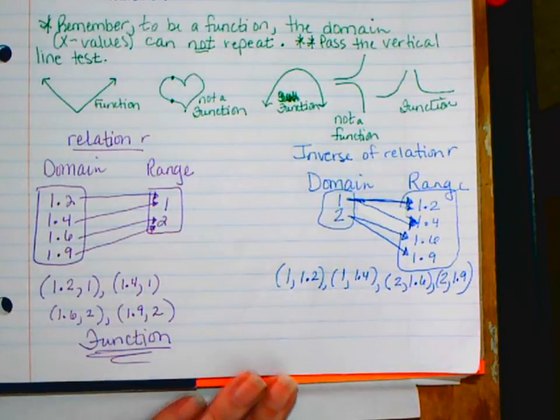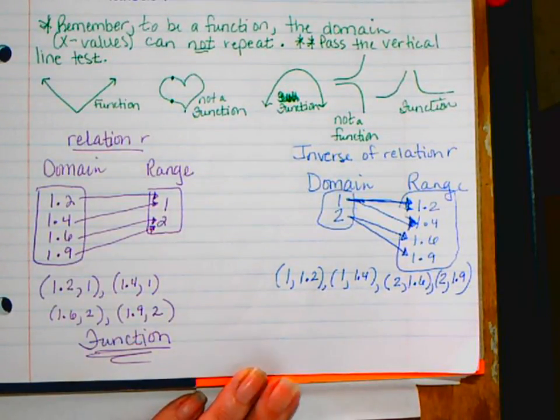So the initial relation was a function. Its inverse is not a function.